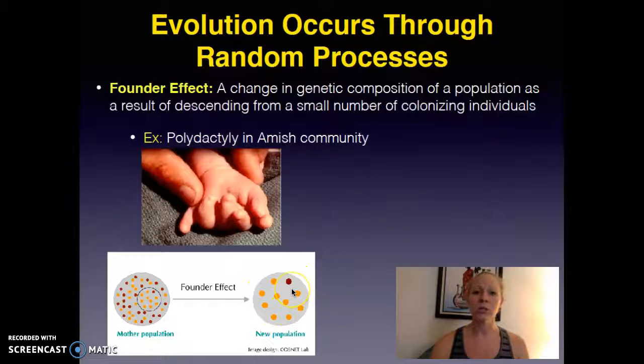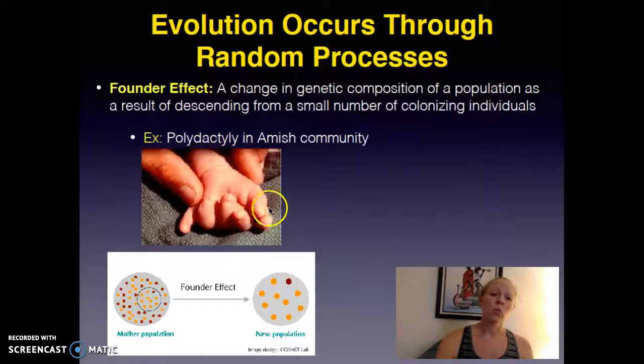So if this population grows, it's going to have a different genetic composition. It is a new population, and while it comes from an old population, its composition is going to be different just because of where it began or the components of it when it started.